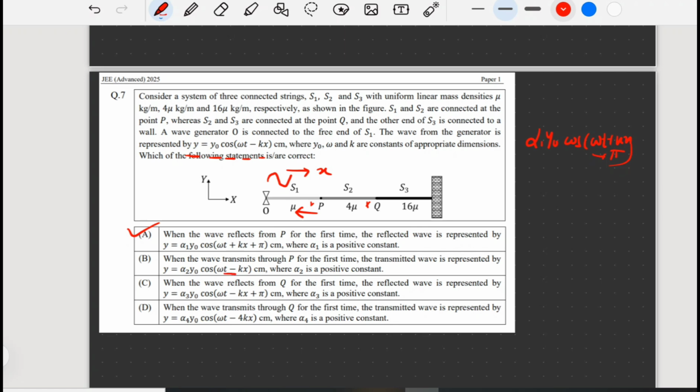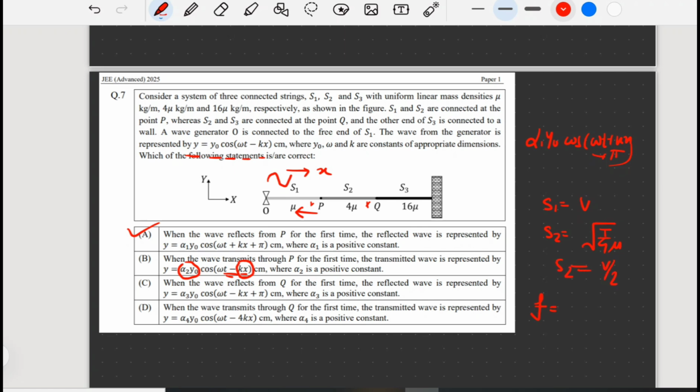The direction is okay, and the amplitude is also okay because the amplitude will change. But the k is not the same k, because when the wave is transmitted, the wavelength changes as the velocity changes. If the velocity in S1 is v, in S2 it is √(T/4μ), that is v/2.